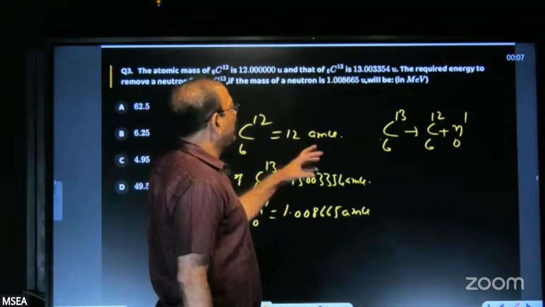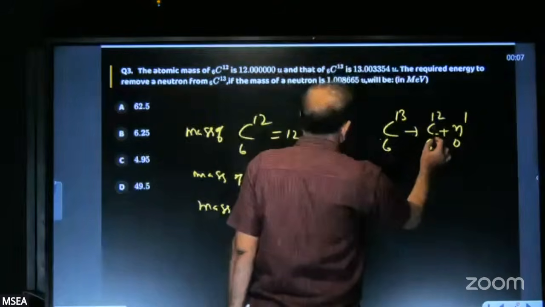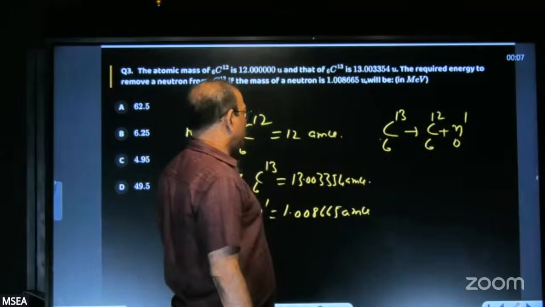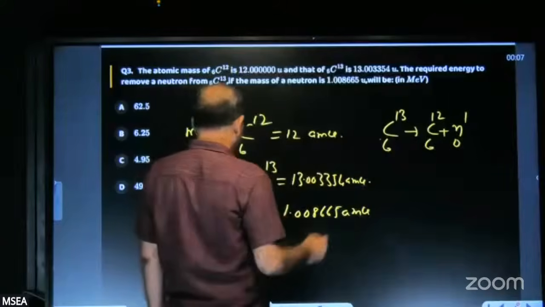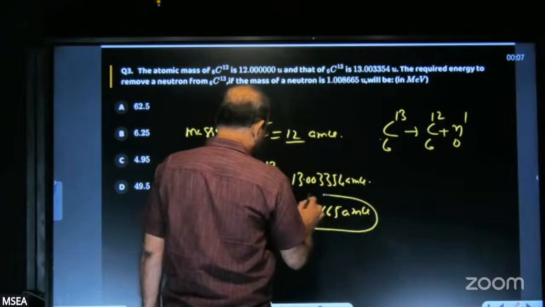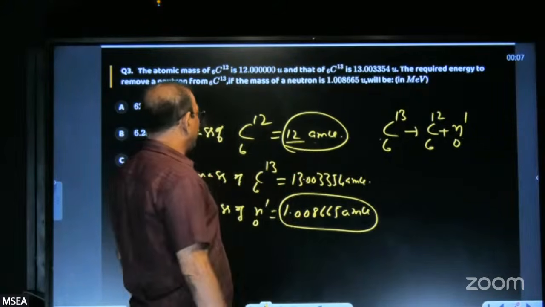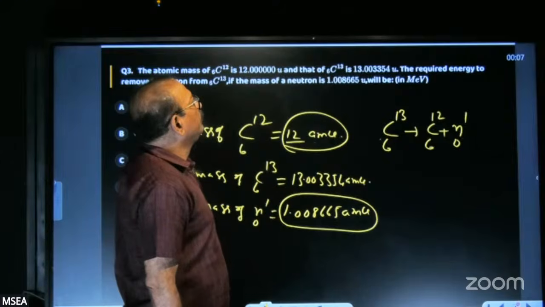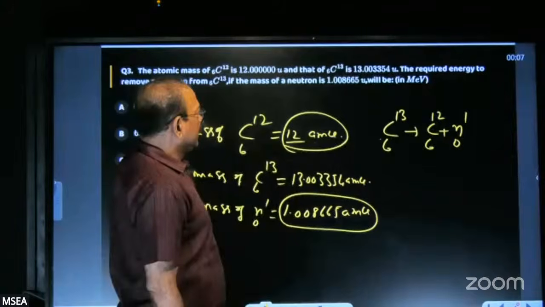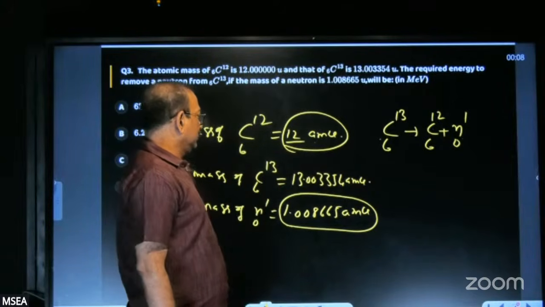Here mass is given, so you have to find the mass defect. Add the mass of the carbon 12 atom and the neutron mass. Those products' masses are 12 and 1.0086. Add these two, and you will get the total mass of products. And the reactant, carbon 13 mass, is there.